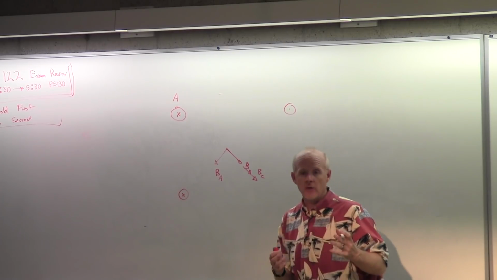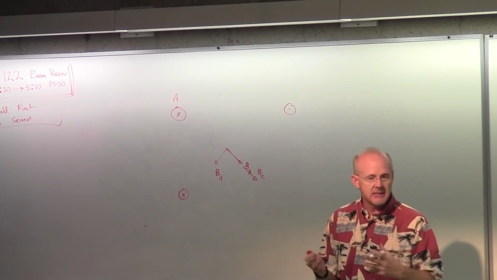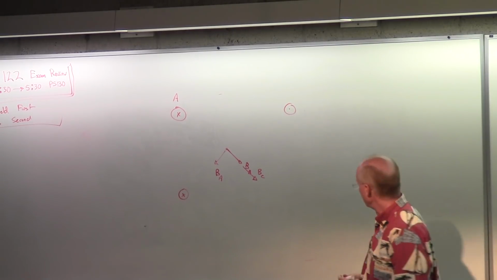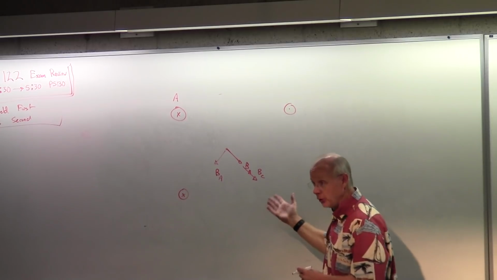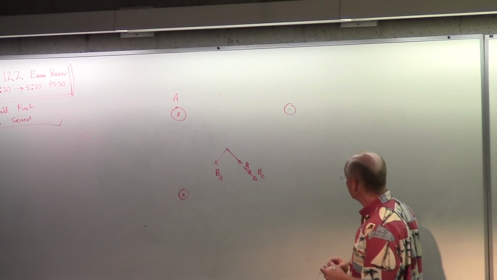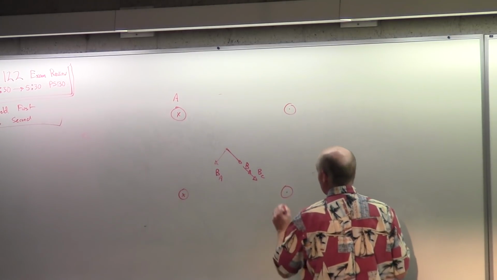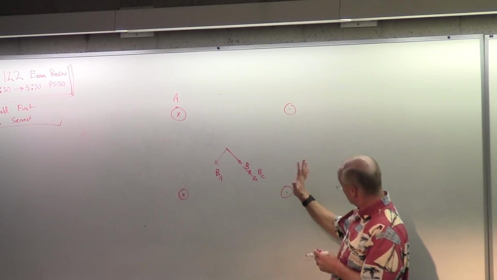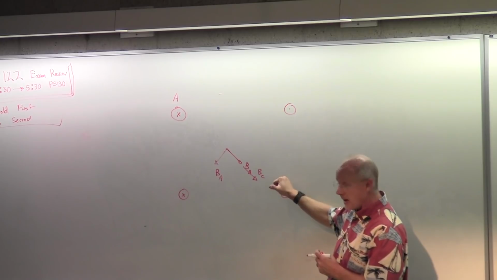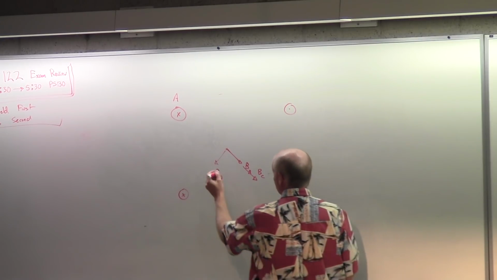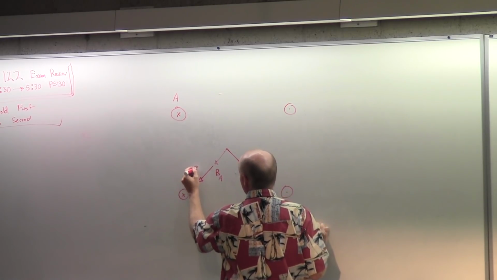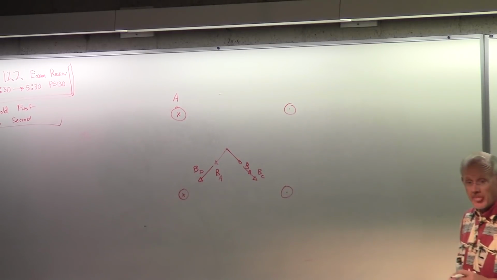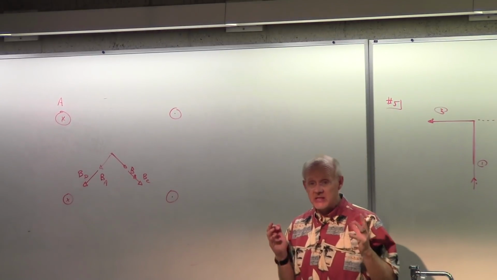And again, I would argue that I'm the same distance with the same current as A and B, so the magnitude of C is the same as the magnitude of A and B. And so I'll use that to my advantage in just a second. Because finally then I get to D. What direction is the magnetic field from D? I would grab it with my right hand, thumb pointing out, curl it around. This would give me the magnetic field towards D. And again, I would argue that all of those have the same magnitude.